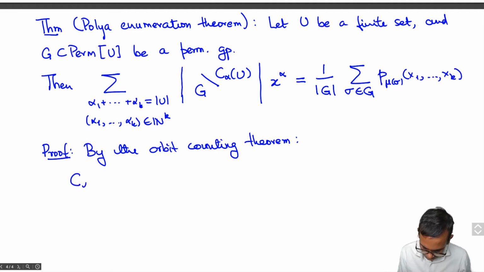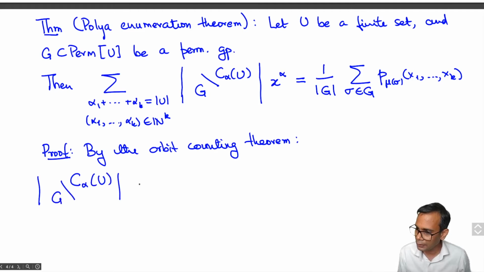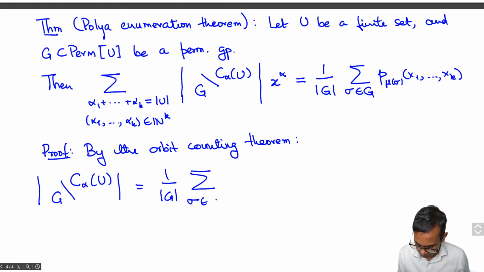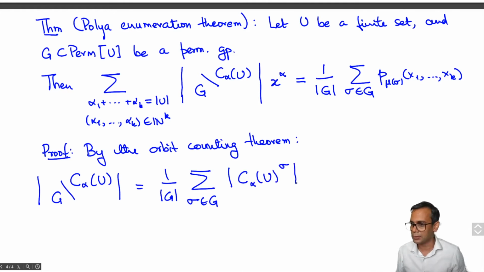The number of orbits C alpha mod G is equal to 1 over cardinality G, summation sigma in G, and then you just have to count the sigma invariance of C alpha U. I mean, as I was saying, although we started with G being a group of permutations of U, you can also think of it as a group of permutations of C alpha U. And so the orbit counting theorem applies there too.